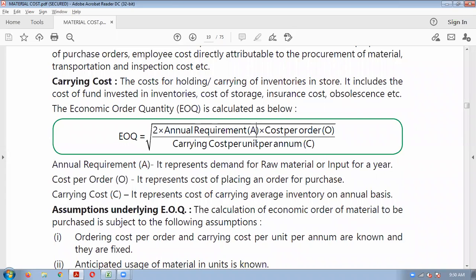Divided by carrying cost per unit per annum. So by using this formula, we can calculate the economic order quantity, that is the optimum order quantity at which both our ordering cost as well as the carrying cost will be minimum.